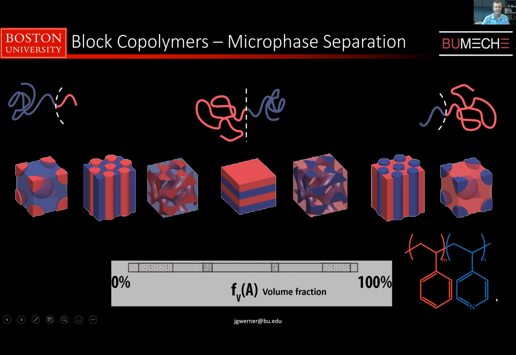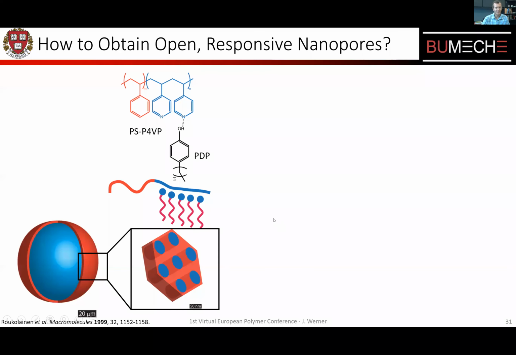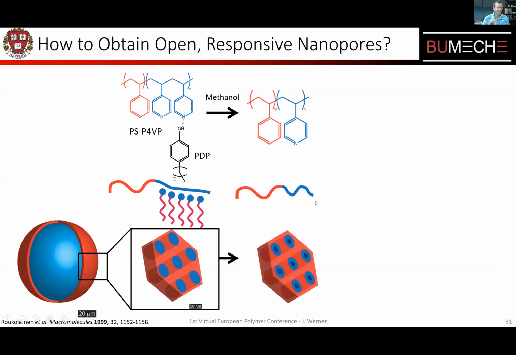For example, polystyrene and poly-4-vinylpyridine, a hydrophobic and hydrophilic polymer. Now, you can introduce porosity into these non-porous solid state assemblies by adding sacrificial porogens. This is a system that's been studied quite a bit by Professor Ikkala in Helsinki and ten Brinke in the Netherlands and others, where they use these polystyrene-4-vinylpyridine block copolymers together with aliphatic phenols that can be rinsed out after self-assembly to form a porous block copolymer structure.